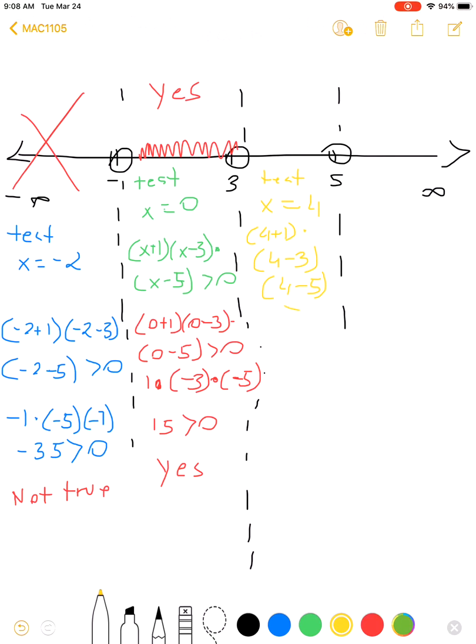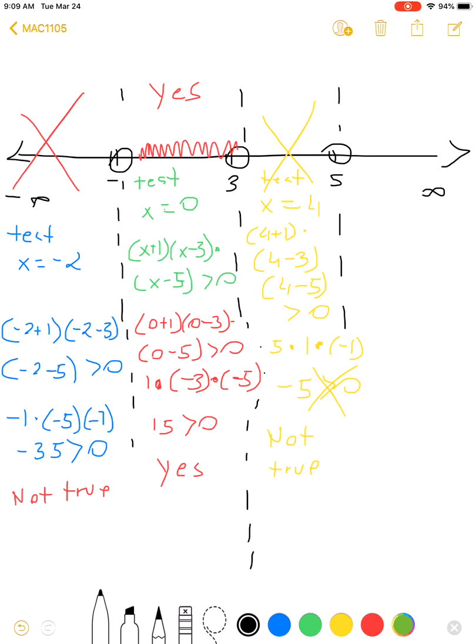And again, we're checking if that will give you something positive. So we're getting 5 times 1 times -1. And that will give you -5. It's not positive. Okay, so this is not true. So the interval from 3 to 5 is not the solution.